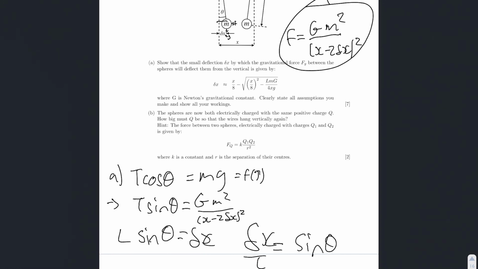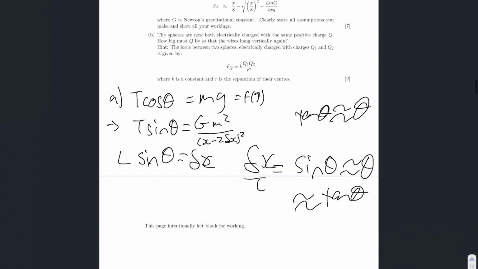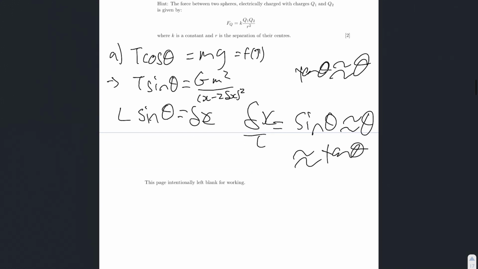But because this is a small angle approximation, this roughly equals theta. Another small angle approximation is that tan theta also roughly equals theta. So this roughly equals tan theta as well. You'll see why this will come in useful later.